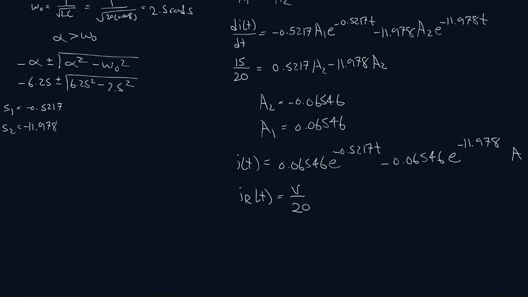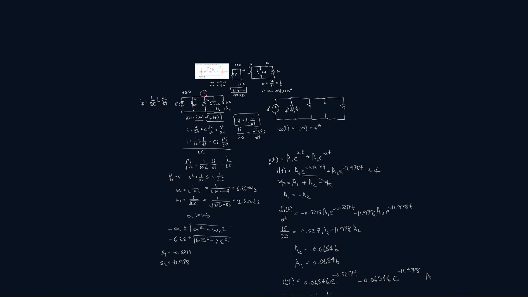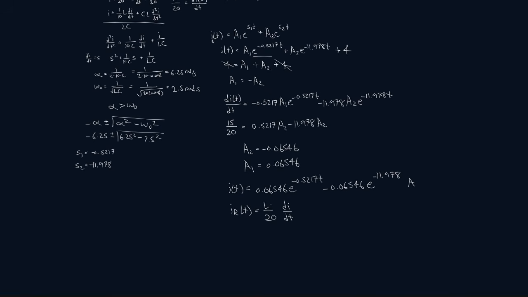V is equal to L times di over dt. L was 20, so 20 over 20, this is all gone.